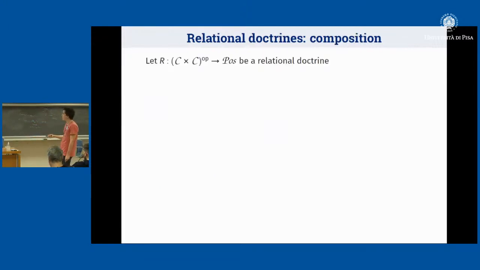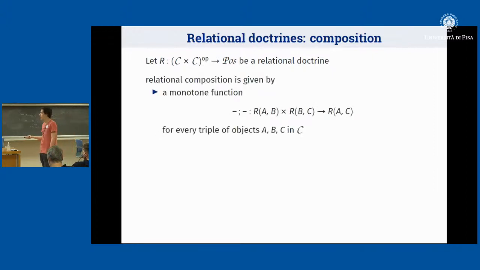Okay, then we have relational composition, and that's, again, pretty simple. We take three objects, and we require a family of monotone maps from relation from A to B times relation from B to C to relation from A to C, which is monotone, so it preserves the order.